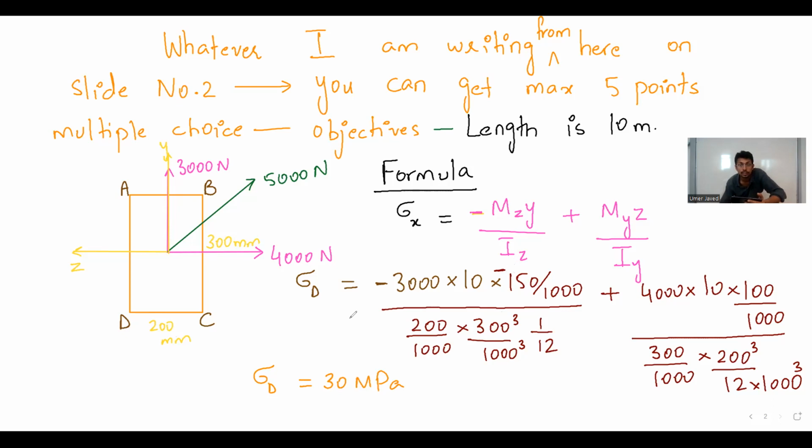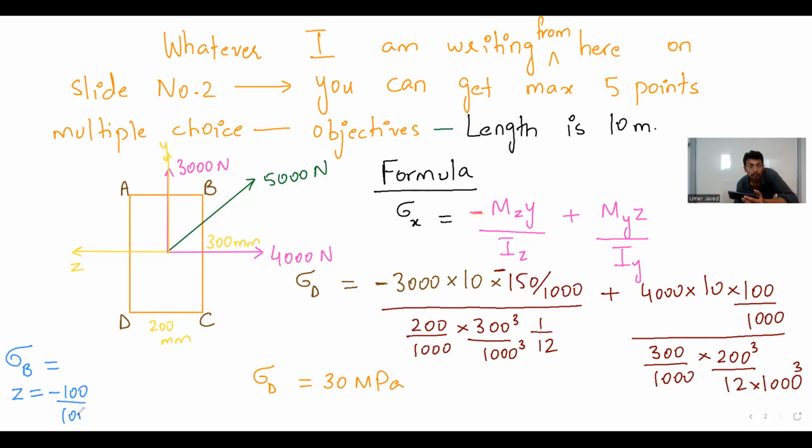What about the stress at corner B? So I think you can all do it yourself. So stress at corner B is equal to, do it yourself, but this time you will just substitute. Why don't you tell me, the Z value will be negative 100. How many students agree?